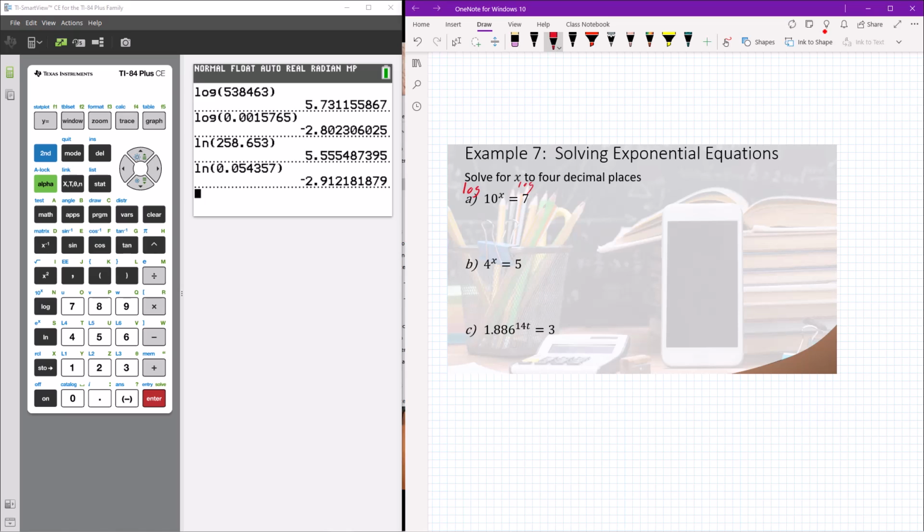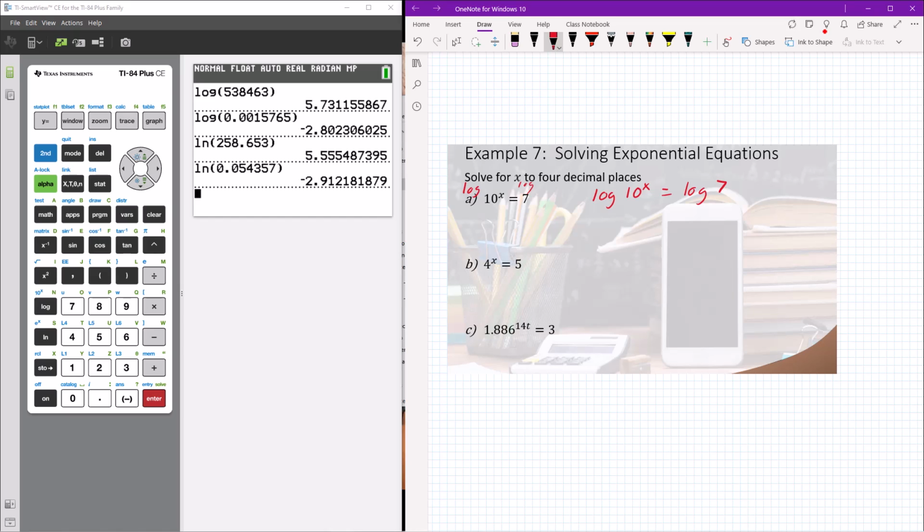And what I'm going to have is the log of 10 to the x, and this is the common logarithm, so log base 10. And I'm going to take the logarithm of the other side, and that will give me the common log of 7. All right?